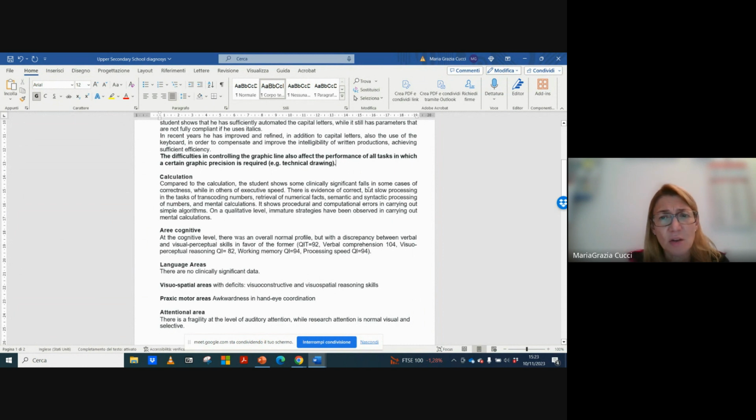There is evidence of correct but slow processing in the task of transcoding numbers, retrieval of numerical facts. We do not have this information only during maths, but for instance, also in many technical subjects in which we use numerical facts. We have to transcode numbers.